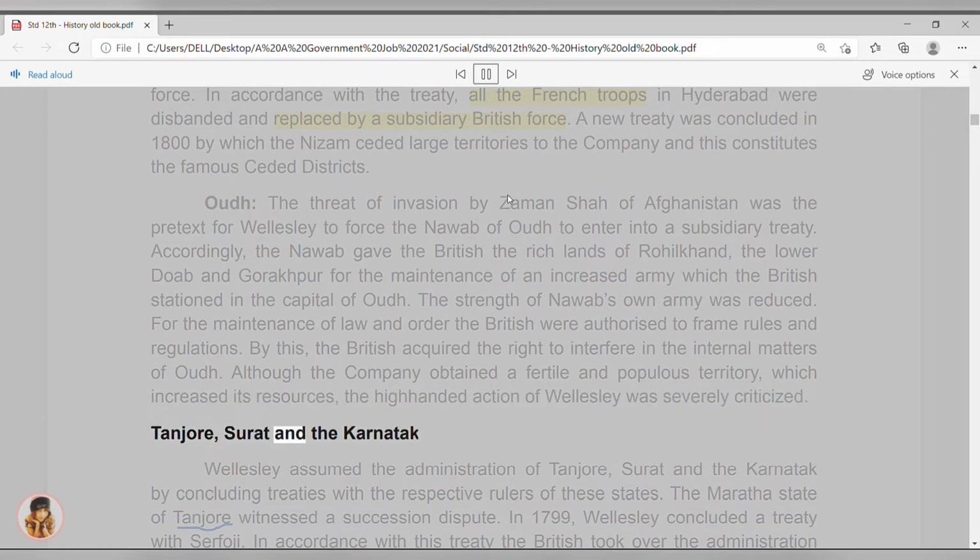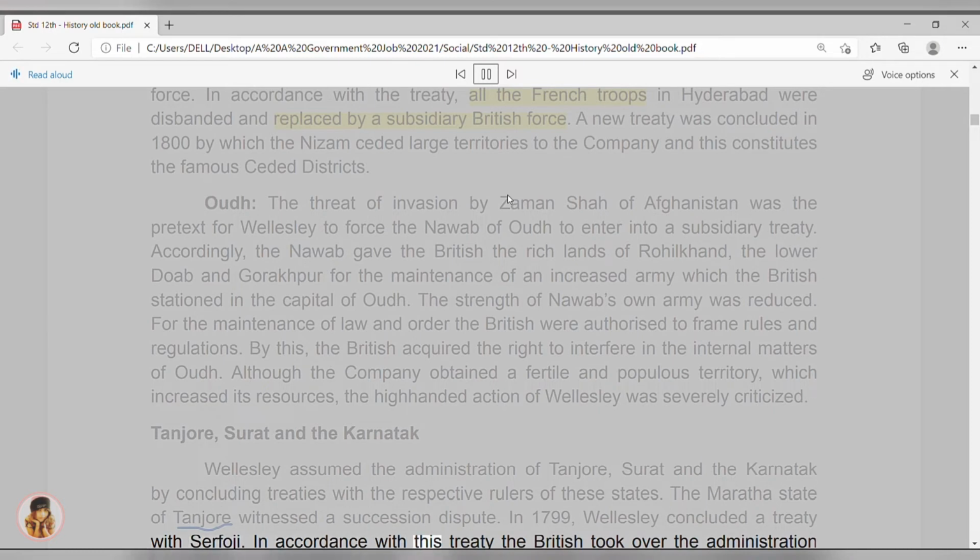Tanjore, Surat and the Karnataka. Wellesley assumed the administration of Tanjore, Surat and the Karnataka by concluding treaties with the respective rulers of these states. The Maratha state of Tanjore witnessed a succession dispute. In 1799, Wellesley concluded a treaty with Serfoji.